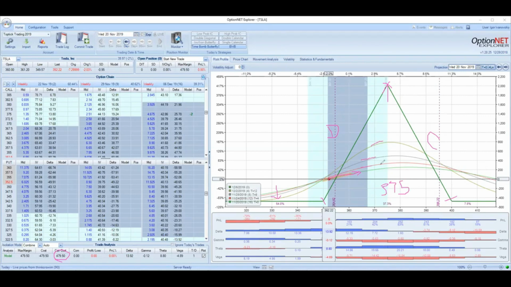So a couple of lines here. The red line is a T+4. The gold line here is T+12. So in 12 days, if Tesla is trading somewhere around the 375 strike, this butterfly has a potential to make about 160 or 170%.